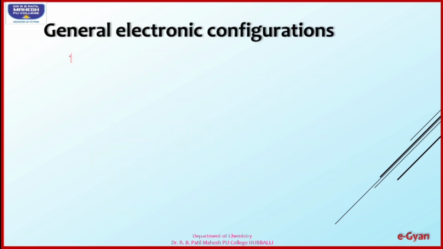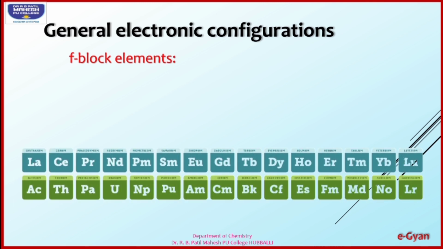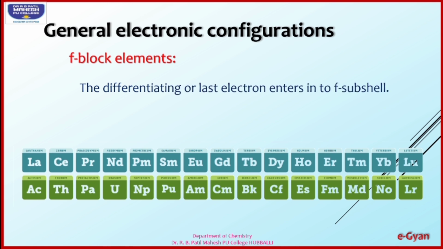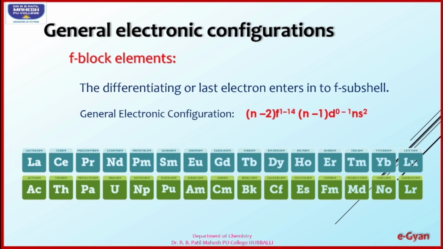Next, f block elements. These are also known as inner transition elements as they are taken out from transition elements. The differentiating electron or the last electron enters into f subshell, they are known as f block elements. The general electronic configuration is (n minus 2) f 1 to 14 (n minus 1) d 0 to 1 ns 2.